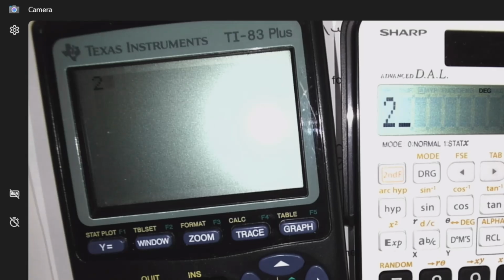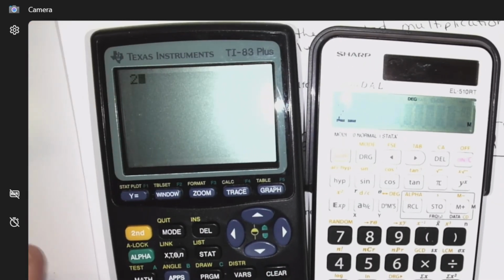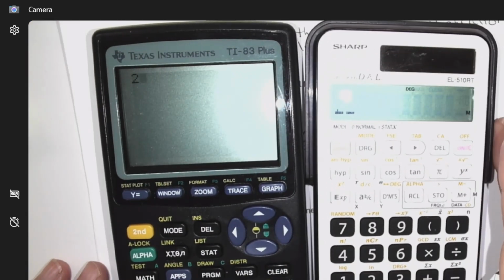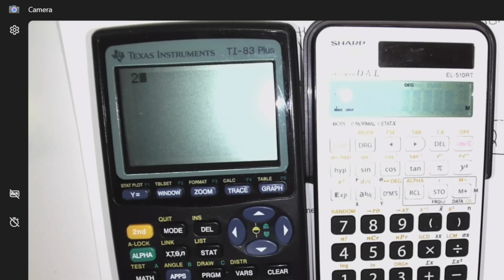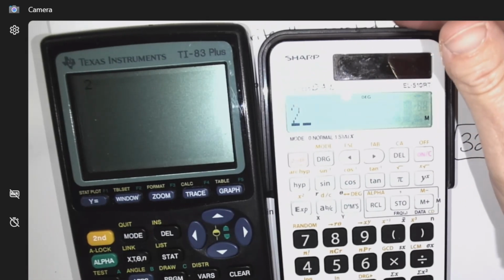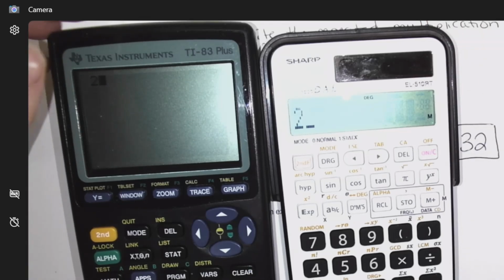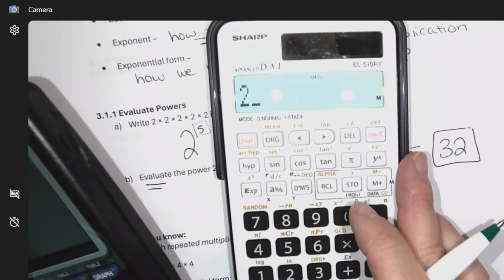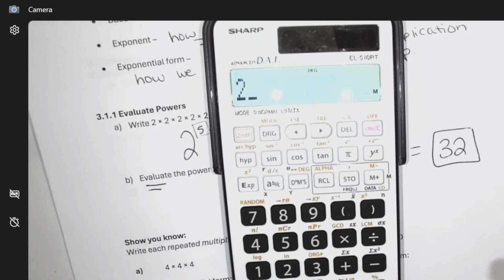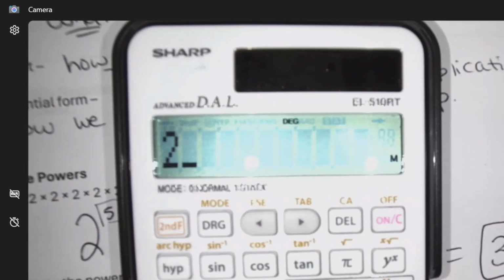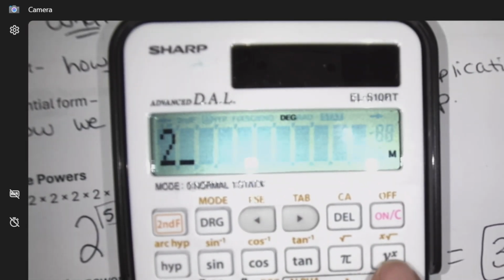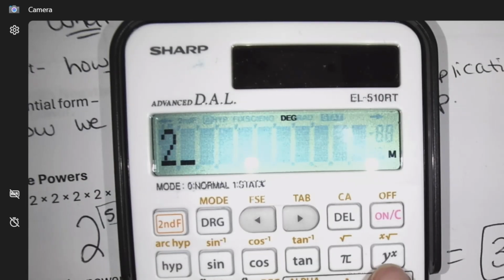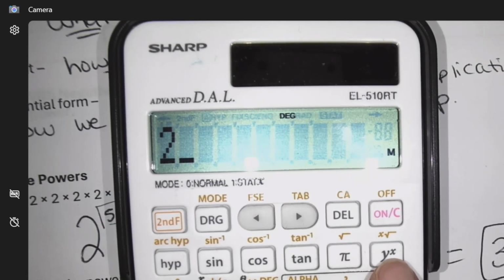Okay, so I am going to show you with 2 different calculators that I have. On my white one here, the button that I use for an exponent is this button, y to the x.